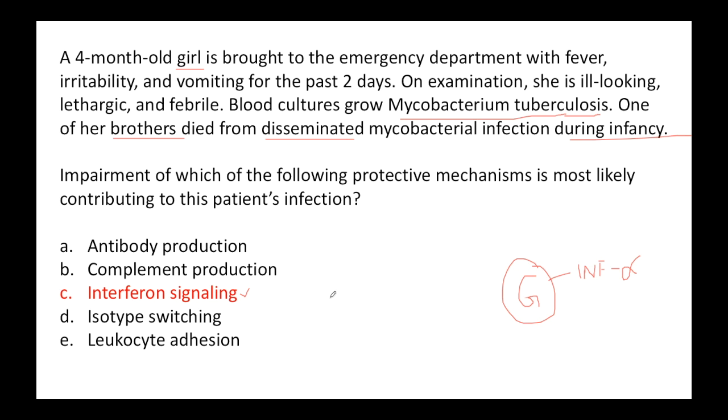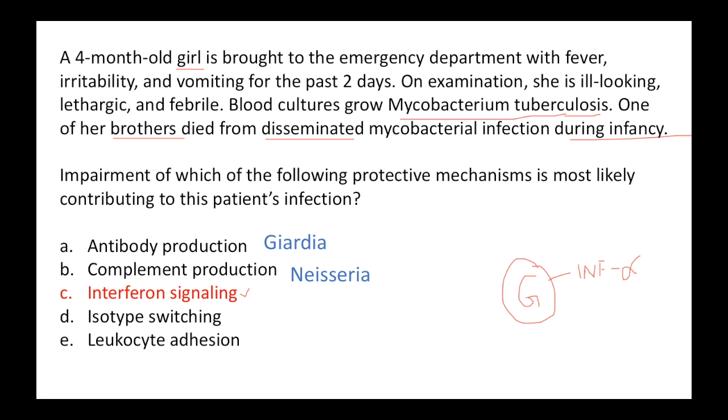With antibody production, you can see that impairment happening in, for example, agammaglobulinemia, where you can't produce IgA, for example, so you'll more likely see a Giardia infection rather than TB. With complement production, you're concerned primarily about the MAC complex, so you would be more likely to see a Neisseria infection going on.